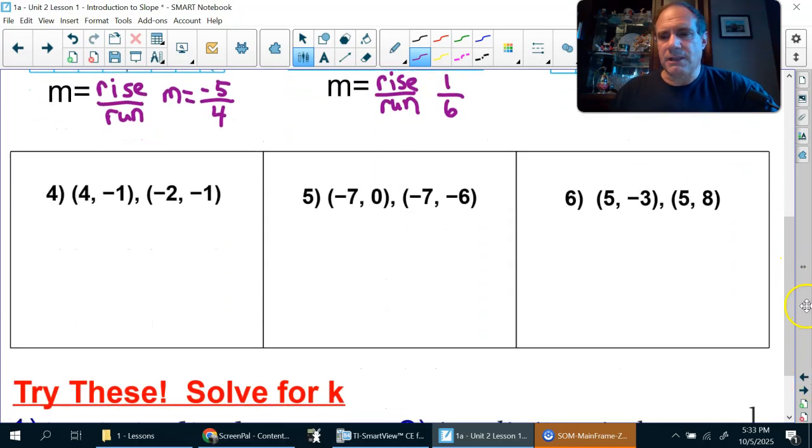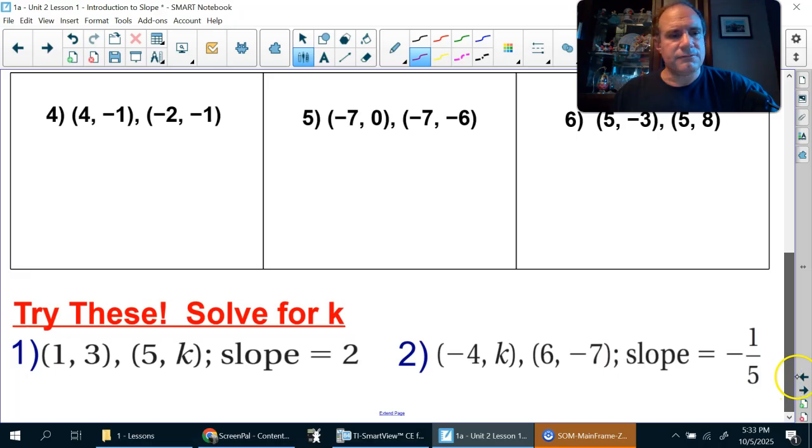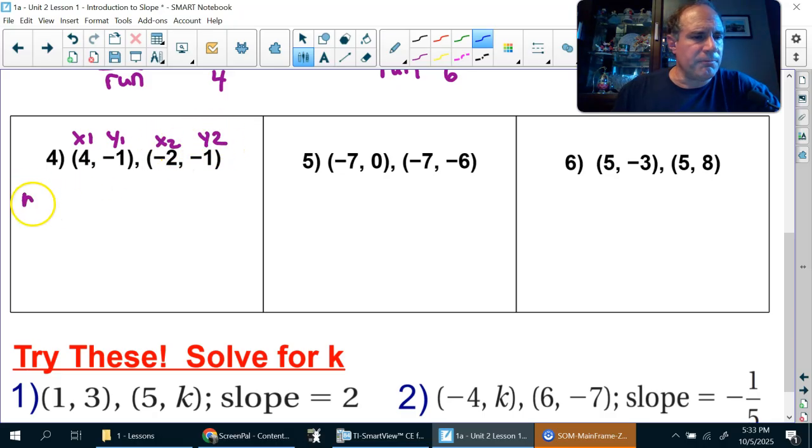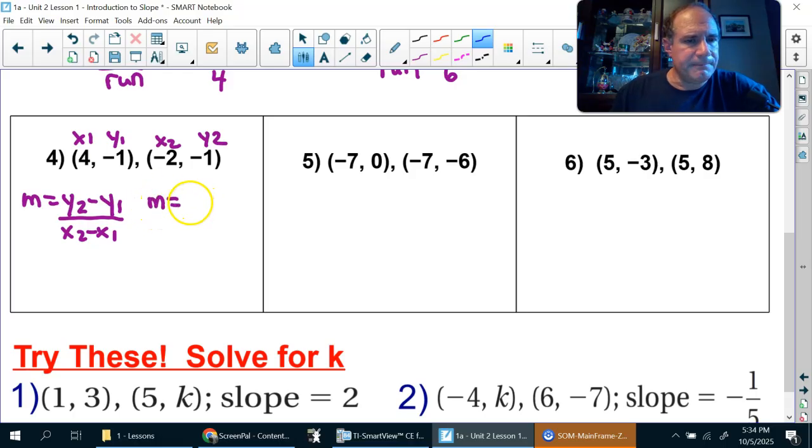So just take a look at what this is right here. They give you points, but they do not give you any graph. So we'll use the other slope formula. It's the same thing: y2 minus y1 is the rise, and x2 minus x1 is the run. So I'm going to make the line, and make sure there are minus signs.